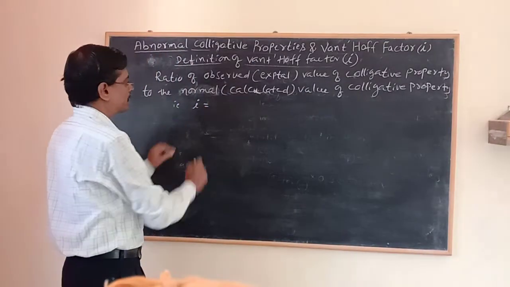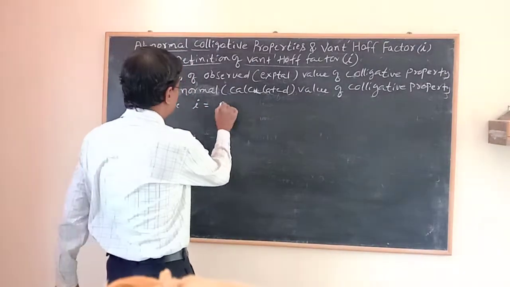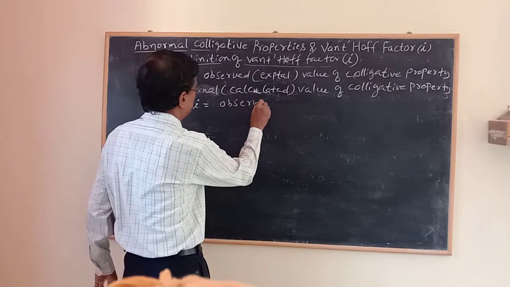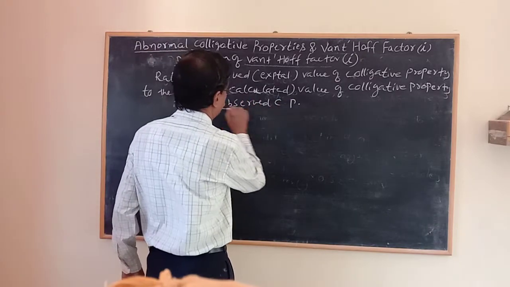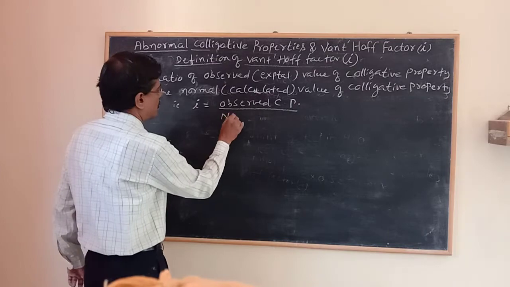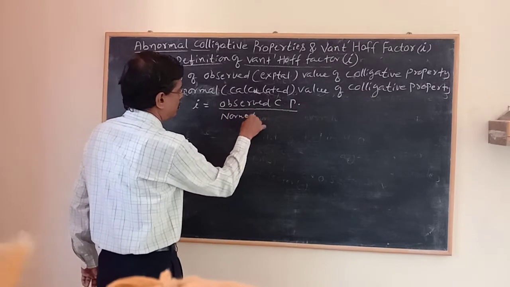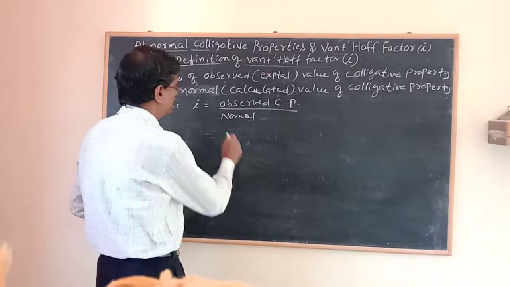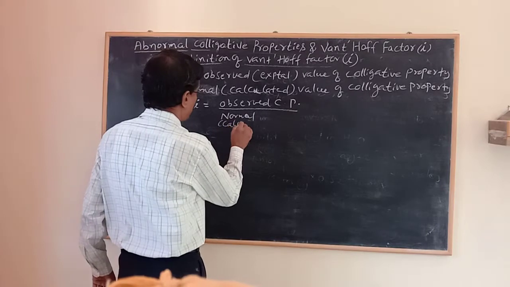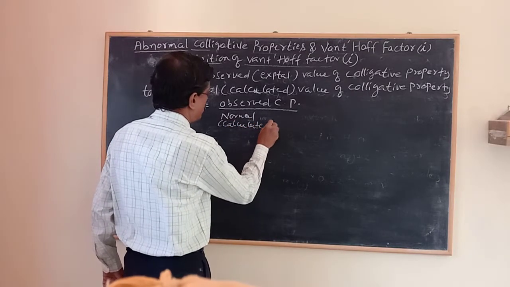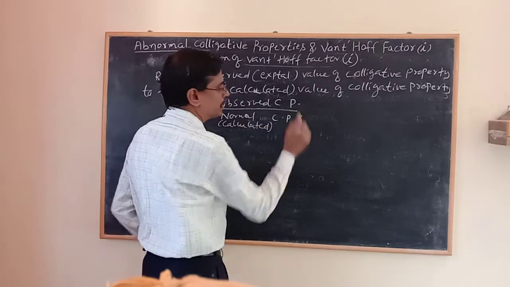So this we can write as i is equal to observed colligative property divided by normal, or you can say calculated, colligative property.